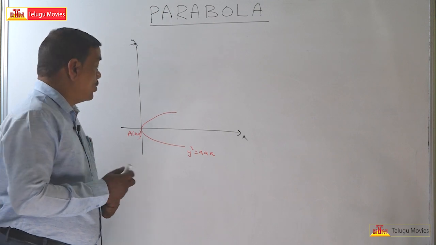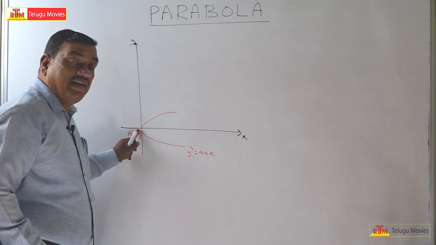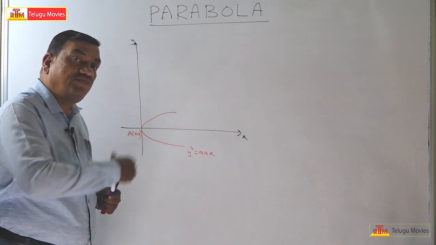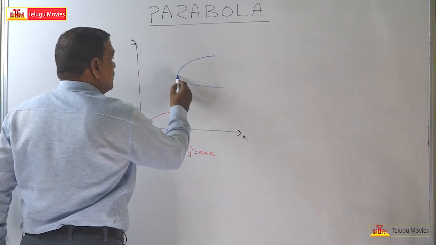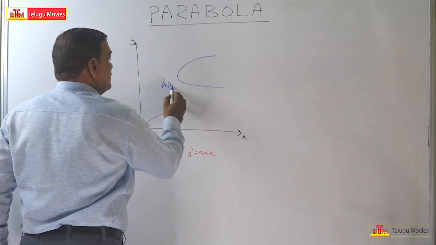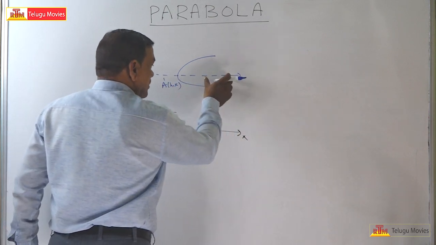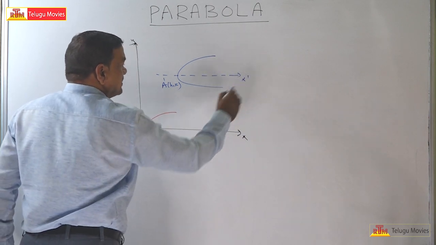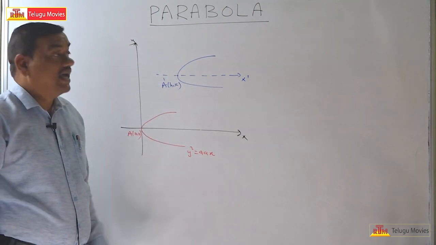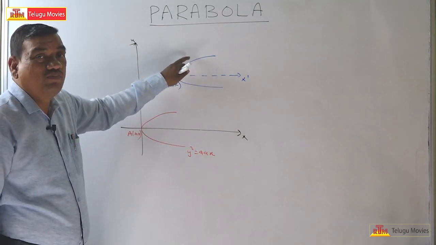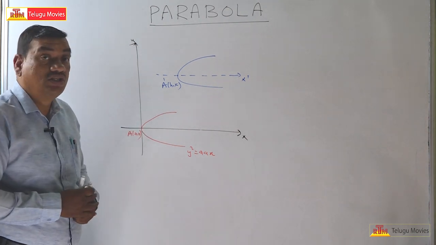Now I am going to show what happens if this parabola is shifted, that means the vertex is shifted to another point, let us call it (h, k). The axis of the parabola is parallel to the x-axis. Then what will be the equation of this parabola? What are the vertex and the focus? All those things we are now going to see.